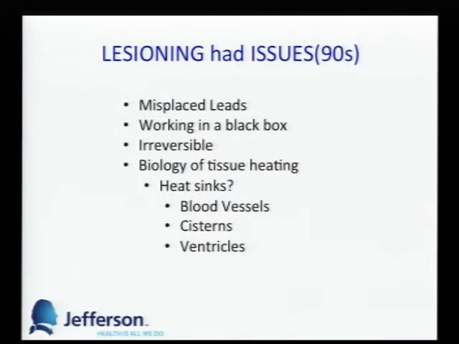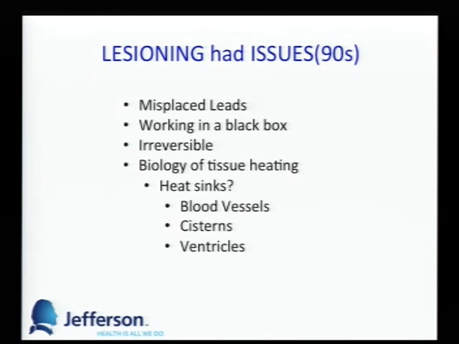Now, lesioning had a lot of issues, right? In that era, the leads weren't always in the right place. You were essentially working in a black box. It's irreversible. We didn't necessarily understand how to kill the tissue in every area. We used timers to heat the tissue to 45, 48, 50 degrees for 30 seconds, 2 minutes. Everybody had their formula.